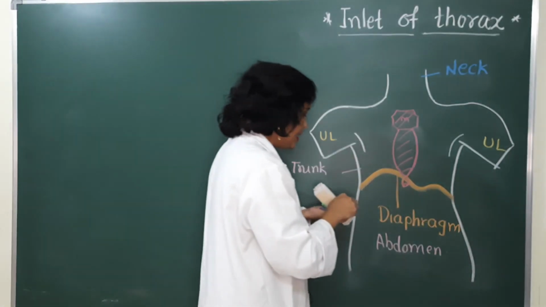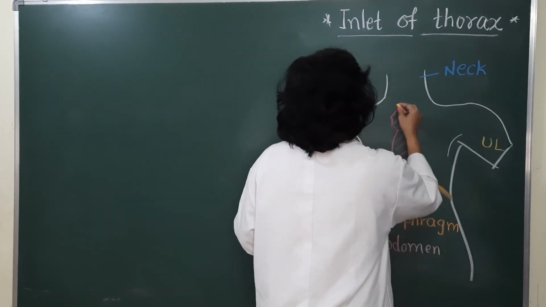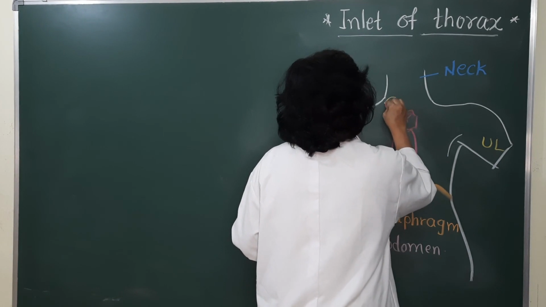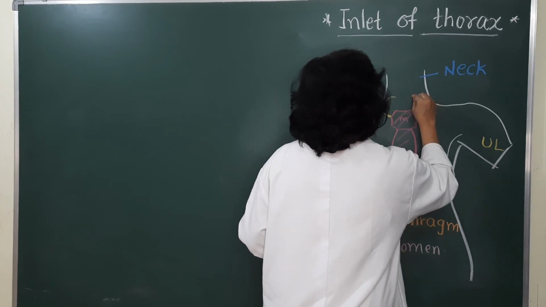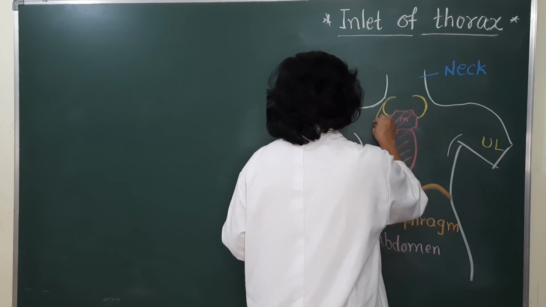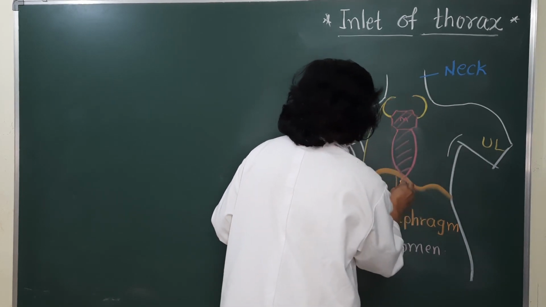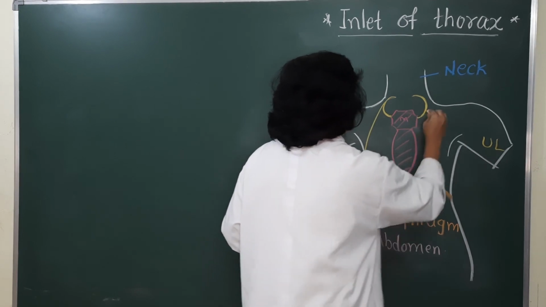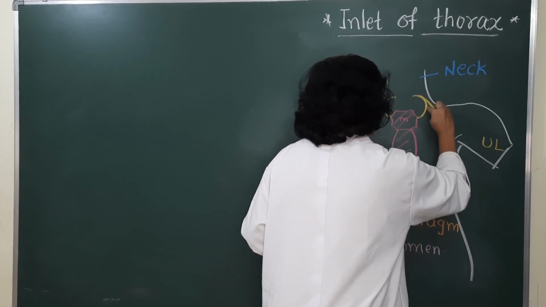On either side you get 12 pairs of ribs. Suppose here is the first pair of the rib. Like that, if you draw the outline of this rib cage, it will be like this.